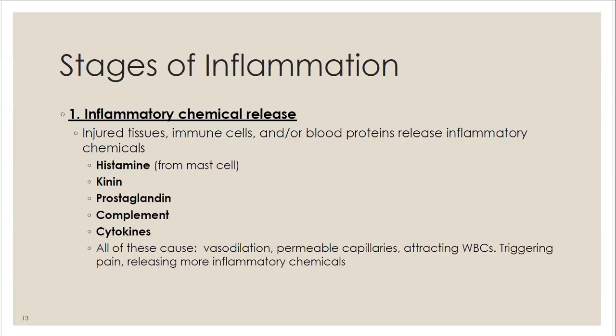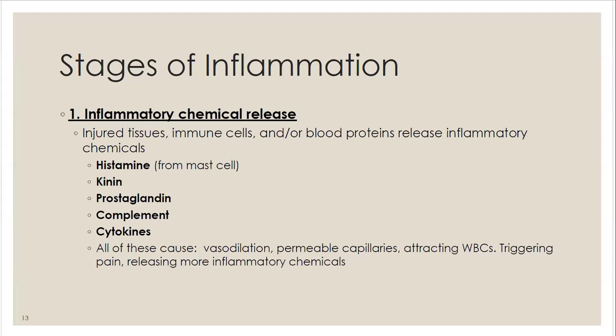So stages of inflammation involves the release of chemical signals from injured tissues, immune cells, and blood proteins. So some of the key ones that we want to know about is histamine, which is released by mast cells, and it causes vasodilation and increased vascular permeability. Then you have prostaglandins and leukotrienes.